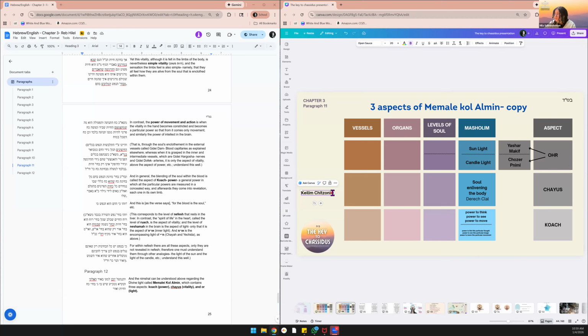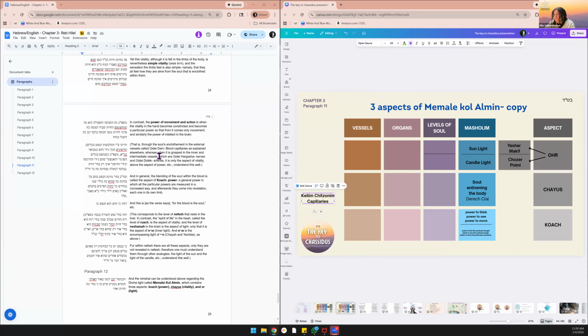So now I know kelim chitzonim are called capillaries. I think I made a mistake here. Did I? No, I did it correct this time. So there is a kelim chitzonim called capillaries.